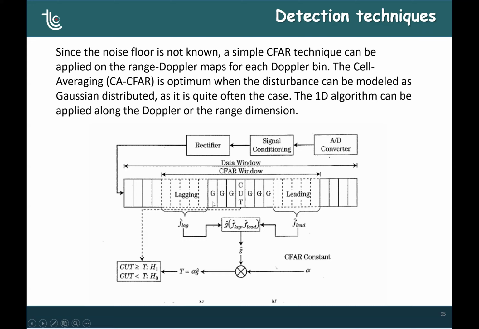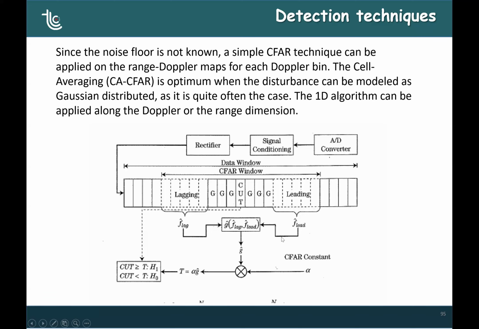And then we have the lagging and the leading range cells that we use for estimating the unknown power of the noise. Then we use these cells in some way. You see F hat lead, F hat lag. So we do some processing on these samples. We will see later on what kind of processing we do.